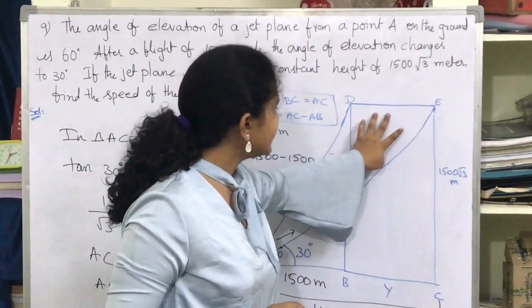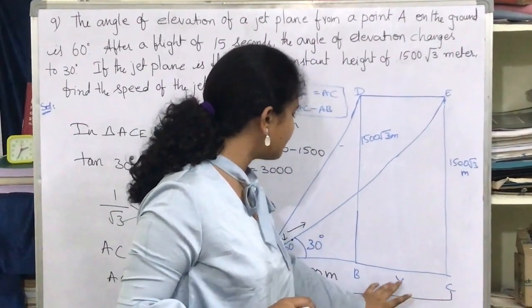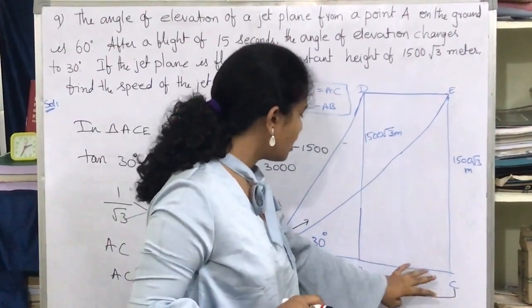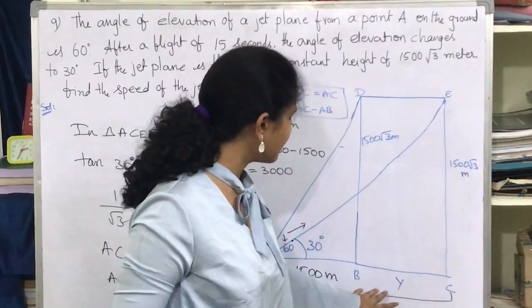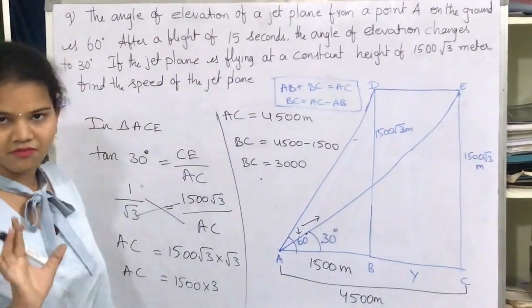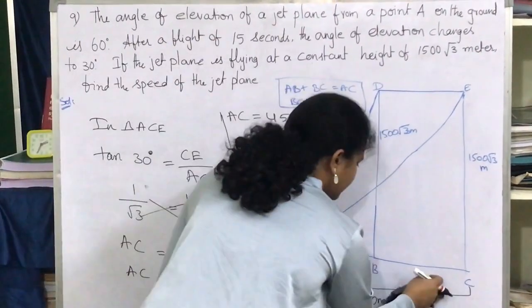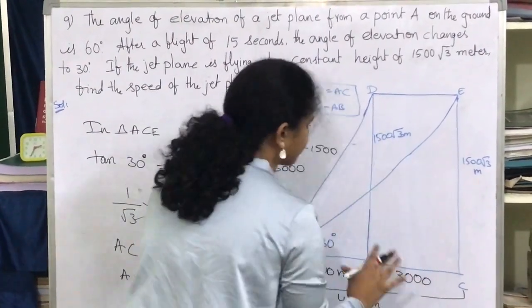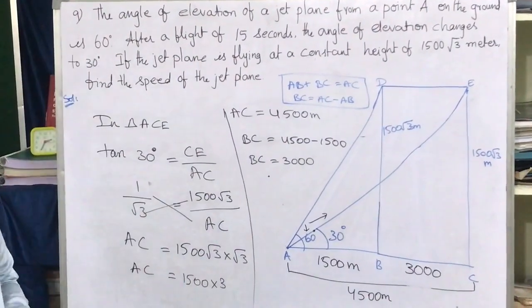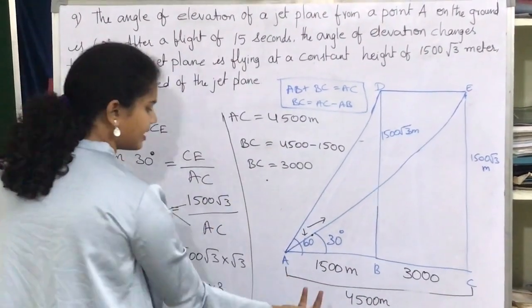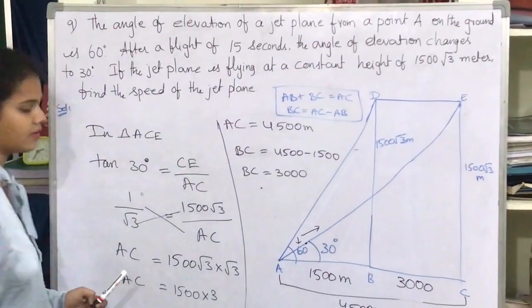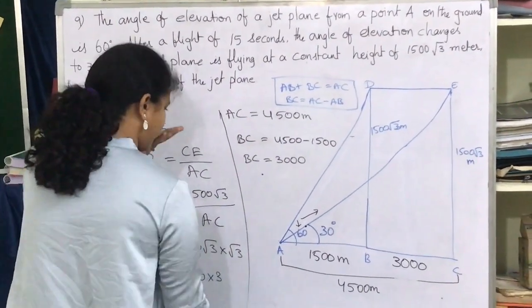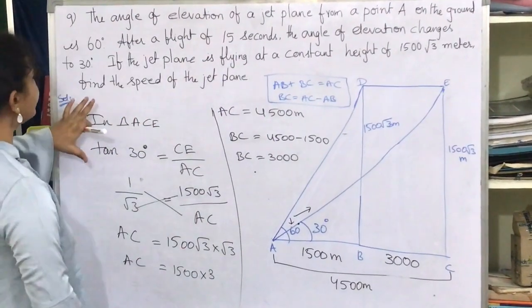So BC equals 3,000 and AB is 1,500 meters, and total distance here you have 4,500 meters.